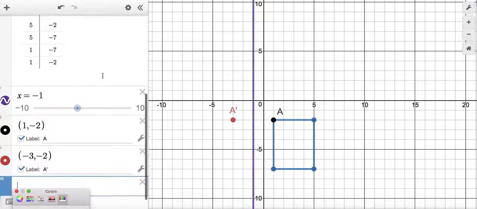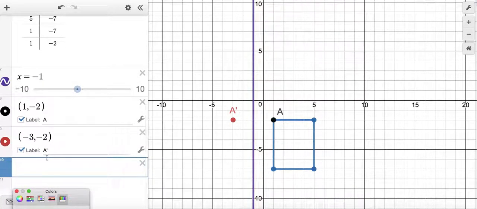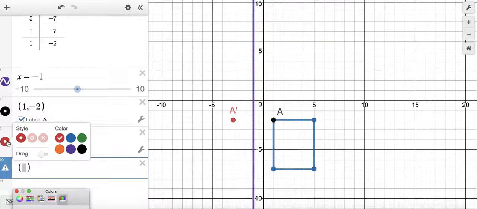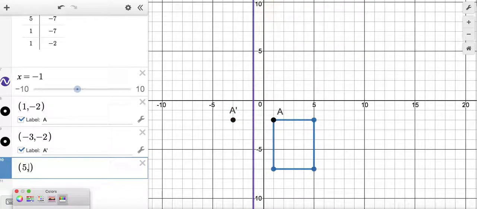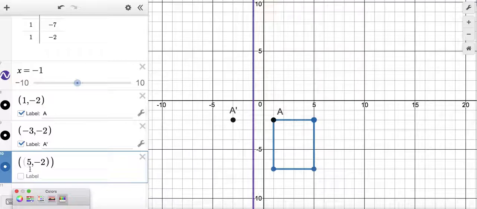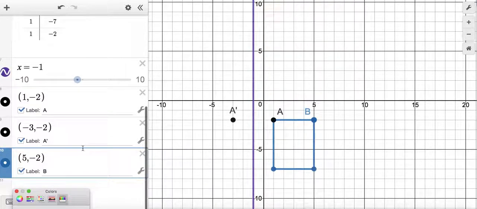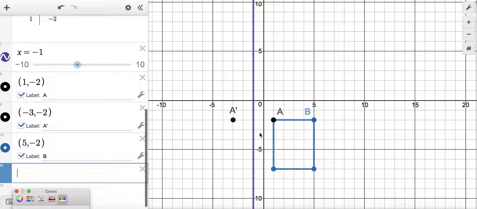So then we can just do the same with all the other points. This point right here, point B, is 5, -2. I'm going to make this one black just for consistency. Okay, so point B is 5, -2. And let's go ahead and label that B. And then we're going to have to put it over here on the other side.